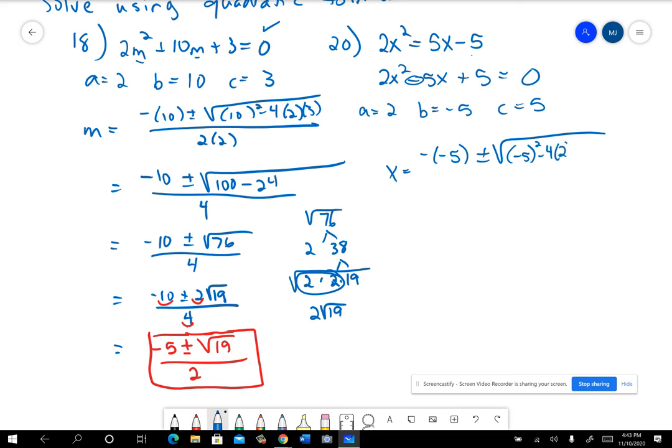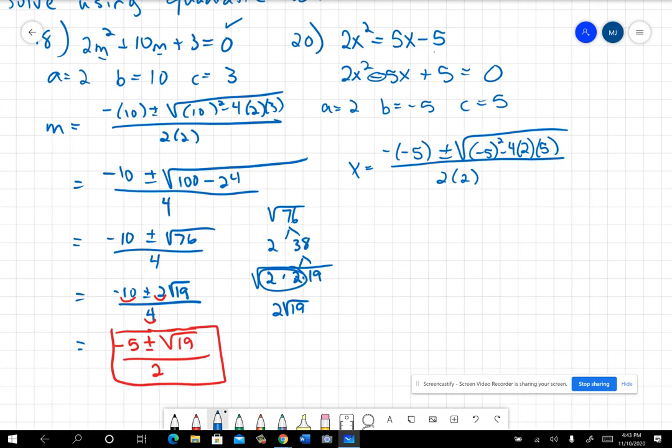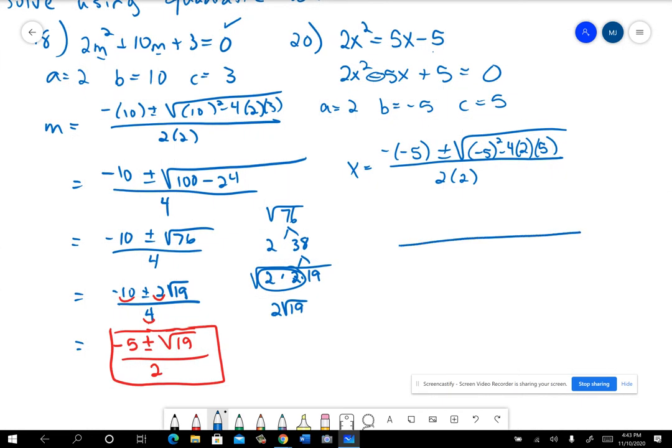Minus the 4 times the A times the C. All of that over 2 times the A. Okay, so that's going to be a positive 5. This is a positive 4. And then underneath here, that negative 5 when it got squared is 25. And then this would be a minus because there's only one negative, and that would be 40.